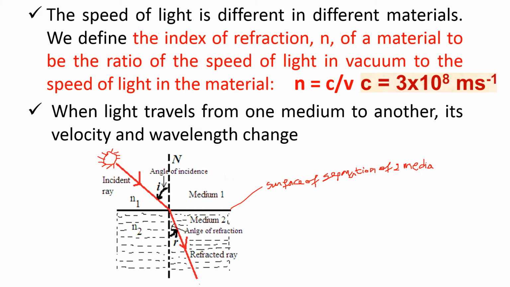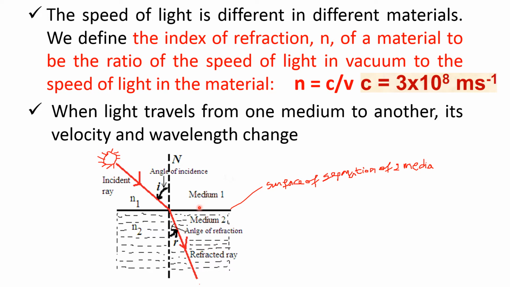Then when the light reaches the point of incidence, it changes its direction. Here we may determine the speed of light. Why does the light ray change direction? It's because when the light enters another medium, its speed changes.